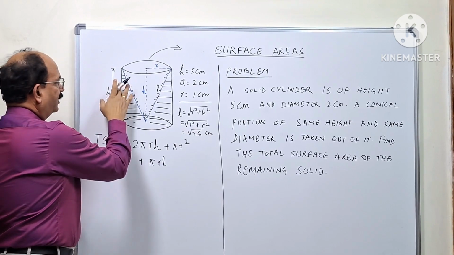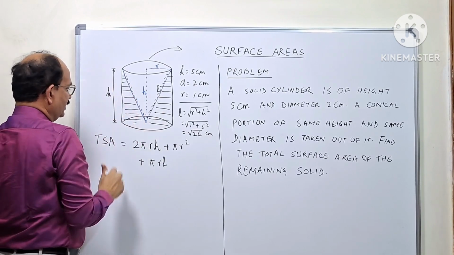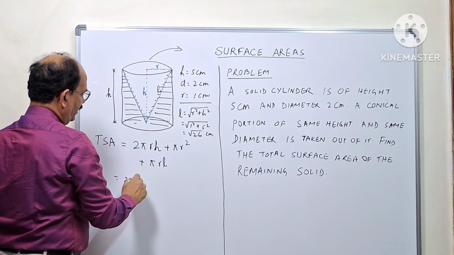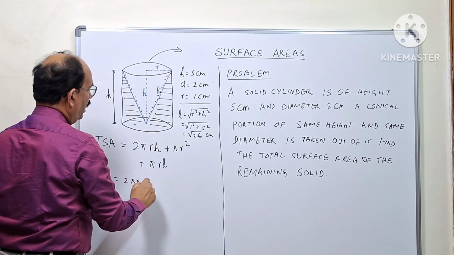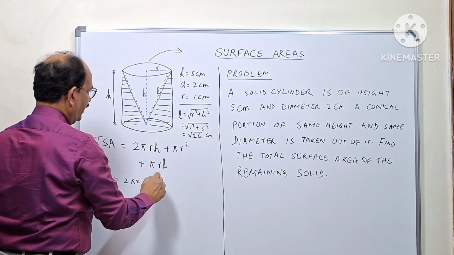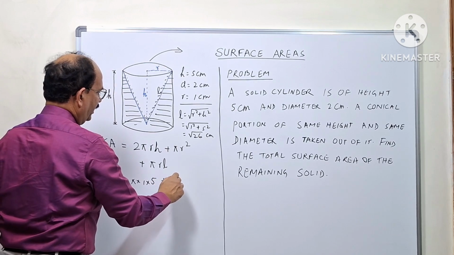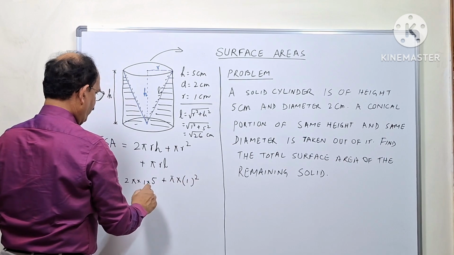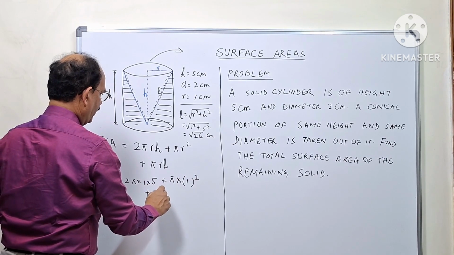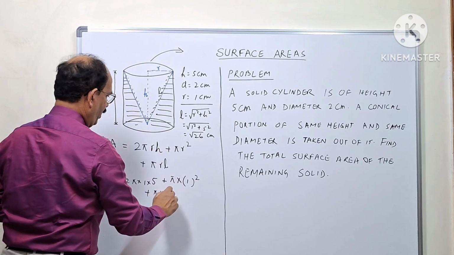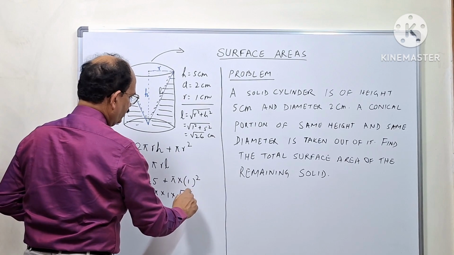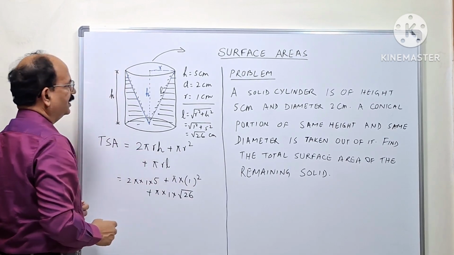Now, if I have to find the total surface area of this remaining solid, then it will be 2 into pi into r, which is equal to 1, h is equal to 5, plus pi into r, which is 1, the whole square, plus pi into r, which is again 1, and L in this case is root 26.